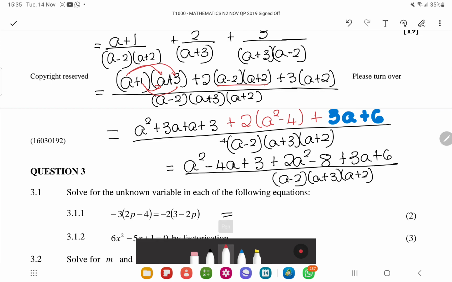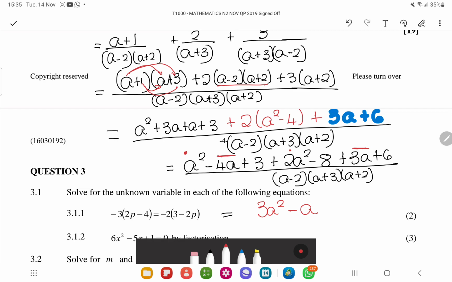If you can check the like terms here, I've got a squared, and then that one will give us automatically 3a squared. Then we have the second one, which is minus 4a, and then 3a. So that will be minus a.